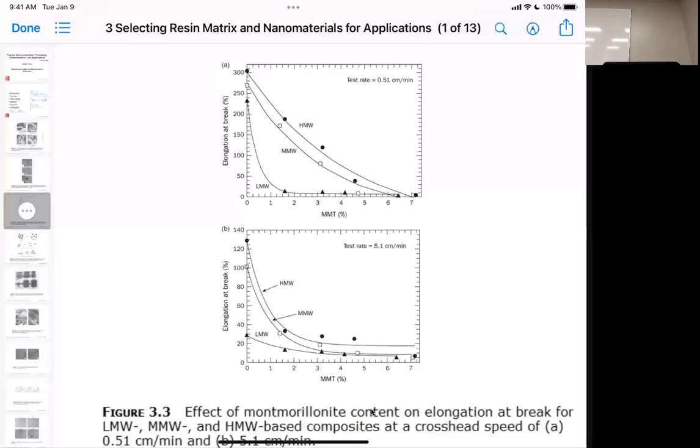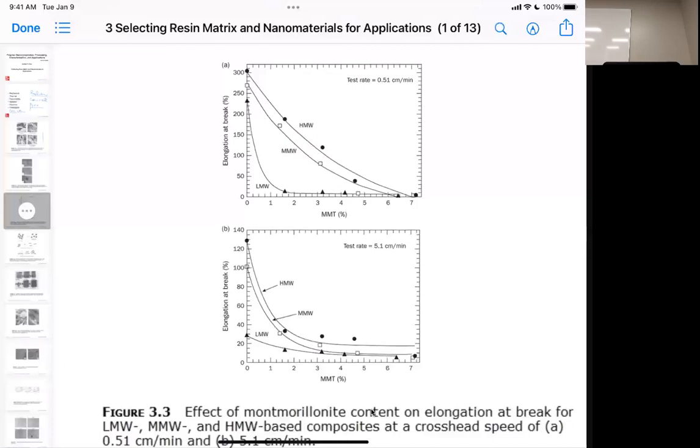And it has less of an effect with the longer molecular weights, more effect with the lower molecular weights, because they're slipping past the plates versus the chains. These shorter chains slip past those plates. The longer the chains are, the more of an effect, because they slip past the plates and they slip past the chain.